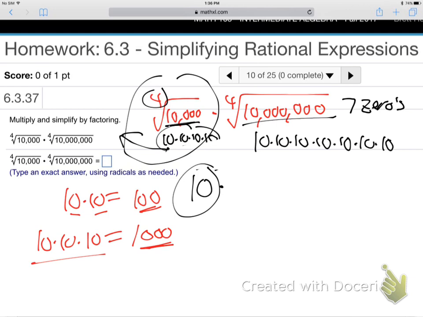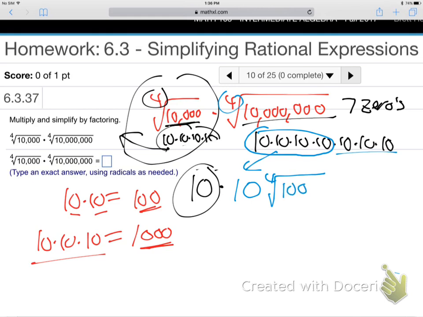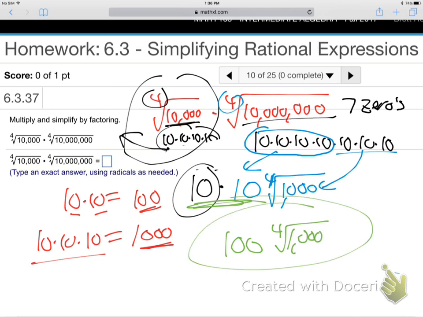And so 4 tens in, 1 10 out. 4 for 1 deal. What's left on the inside of the 4th root? The 3 tens, which is 1,000, right? 3 zeros, 1,000. So would you do 10 times 10? Yeah, good. So the stuff on the outside, we do have to multiply. 10 times 10 is 100. 4th root of 1,000. There's the answer.